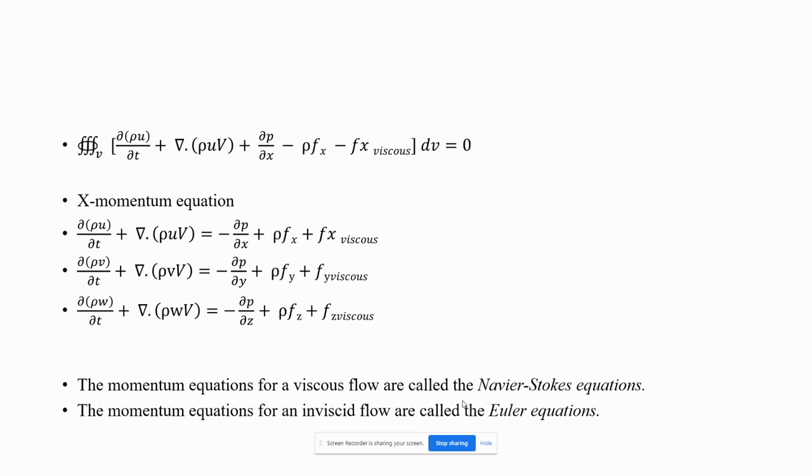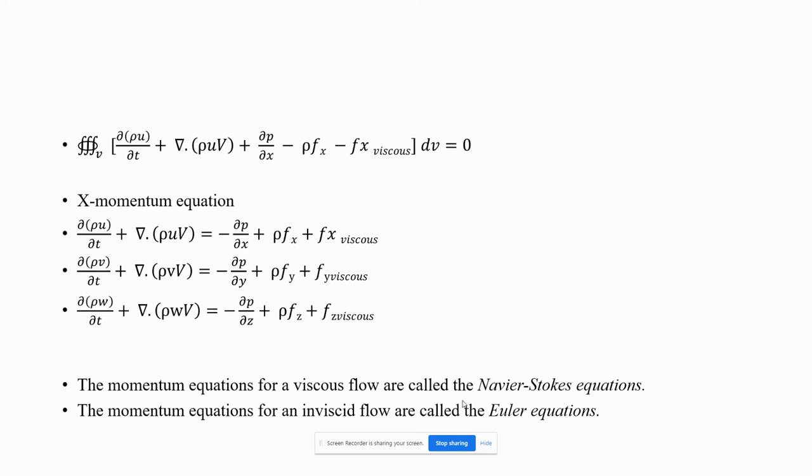Simplifying those equations in terms of directions, we obtain the x momentum equation as: dou by dou t of rho u plus del dot rho u V equals minus dou p by dou x plus rho fx plus Fx viscous. Fx viscous means the viscous force in the direction of x.